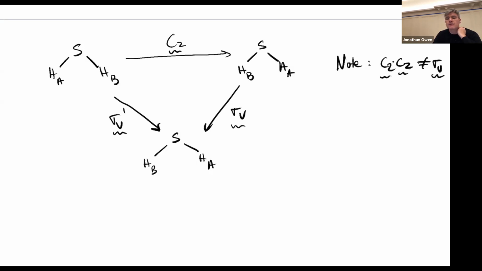For the reasons Mac was asking about, the lone pair, the spherical shape of this molecule being exchanged in front and back. When you do a C2, the front of HB on the right-hand side becomes the back of HB on the left-hand side. Okay, see, if you do two C2s in a row, that's not sigma V because of that front and back exchanging.